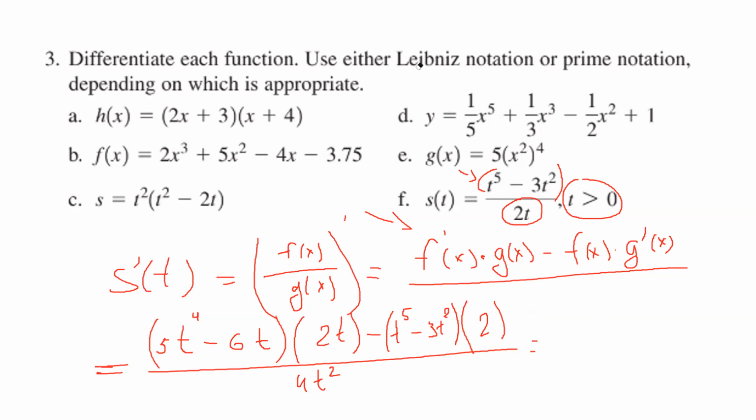Any questions so far? Do you understand my calculations? Great. So now the next step would be to open the brackets and simplify what's possible. It's going to be 10t to the fifth power subtract 12t squared subtract. Now, keep in mind, these are brackets. First we multiply and then we open the brackets using the minus and changing the symbol inside.